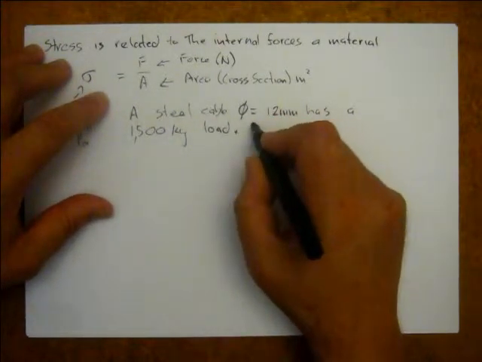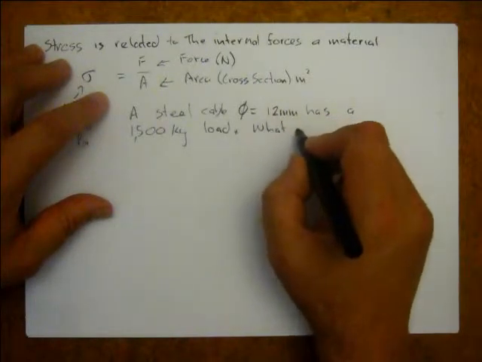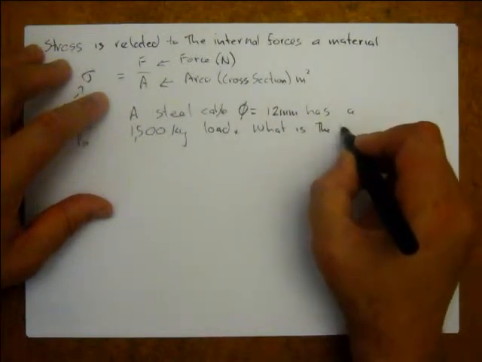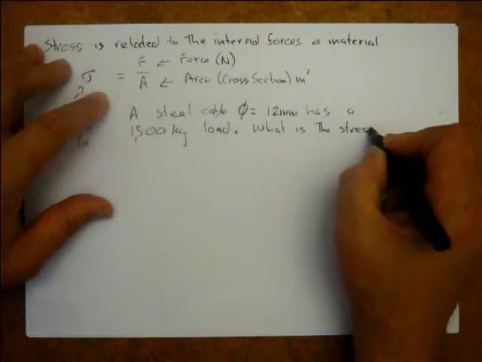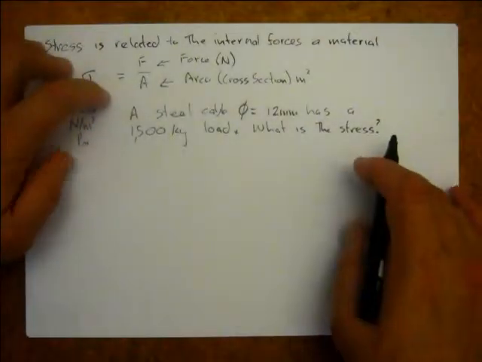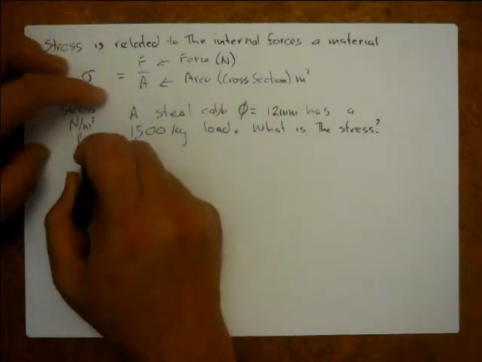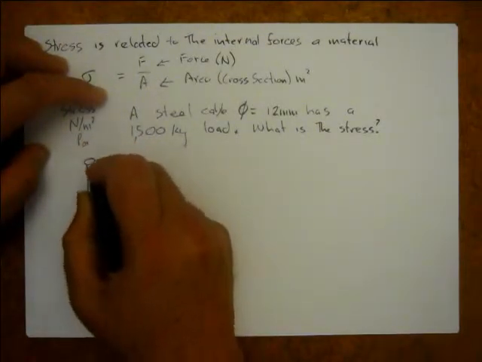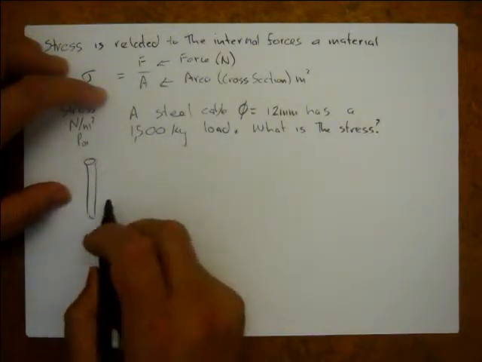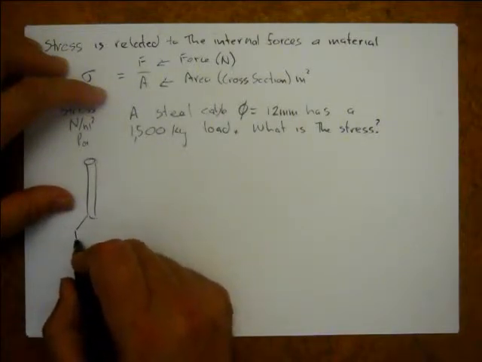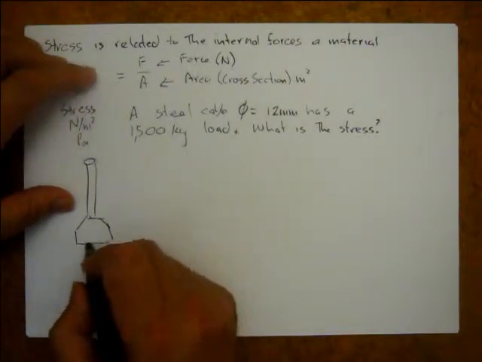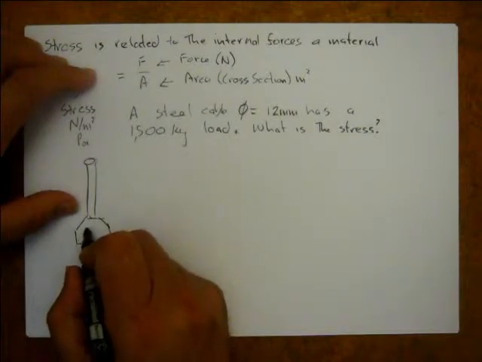What is the stress? So how can we do this? We draw a picture. Here's our cable, not to scale, and on the end we've got our load, 1500 kg.